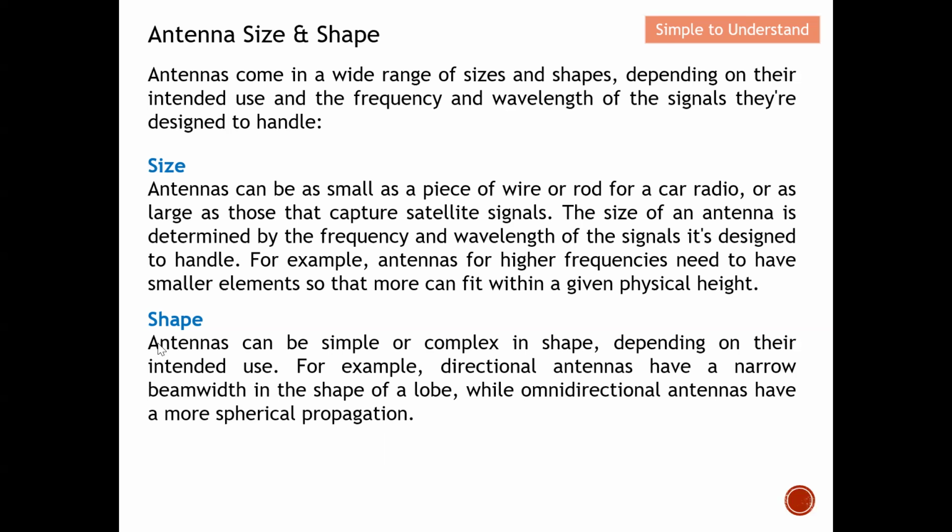Regarding shape, an antenna can be very simple or complex, depending on its use. For example, when we want a very directive antenna, we will have a very narrow beamwidth in the shape of a lobe, while an omnidirectional antenna has a more spread-out propagation.